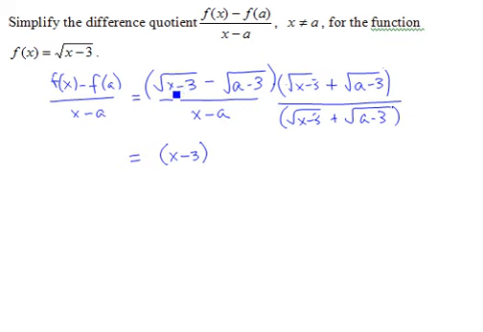Now, to continue this multiplication, we can take the square root of x minus 3 times the root a minus 3, and likewise we'll multiply the last terms together. That'll be a square root of x minus 3 times the square root of a minus 3 with a minus sign, and we'll add those together. Those will have equal and opposite signs, and they'll cancel out and give 0.